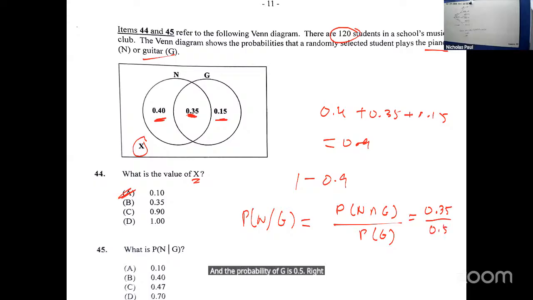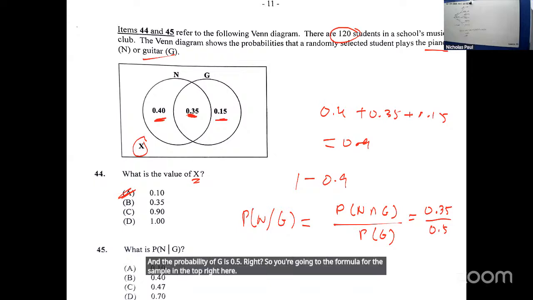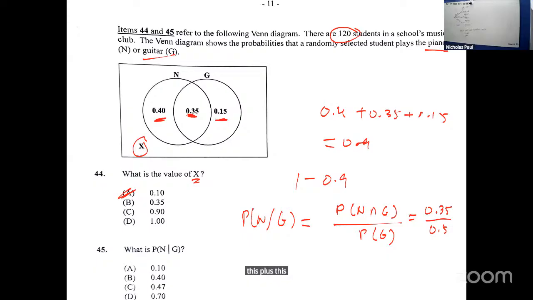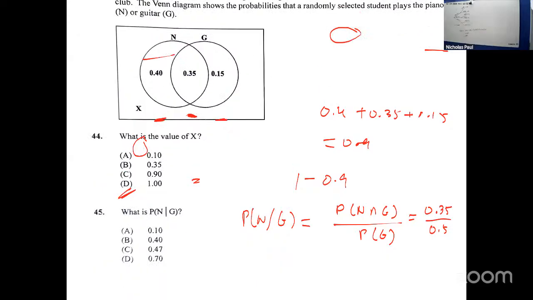You read it off right here: this plus this is the probability of G. And the answer is D, 0.35 divided by 0.5.